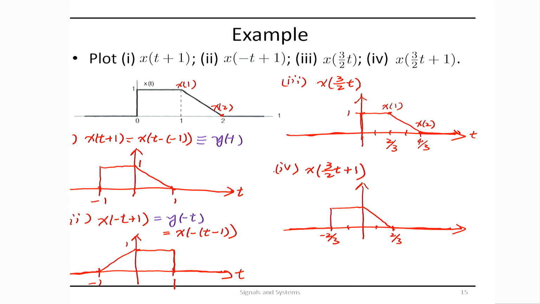So this is one way to look at it, as a compressed version of x of t plus 1. Now, another way to look at it is as a time-shifted version of this.